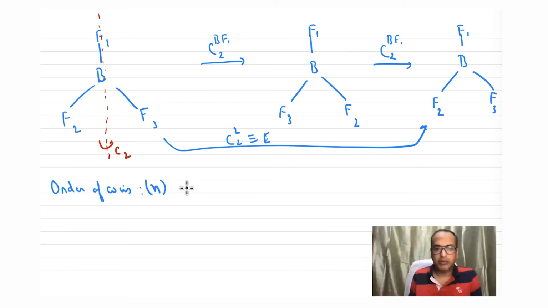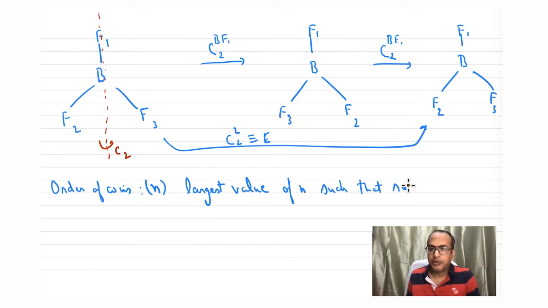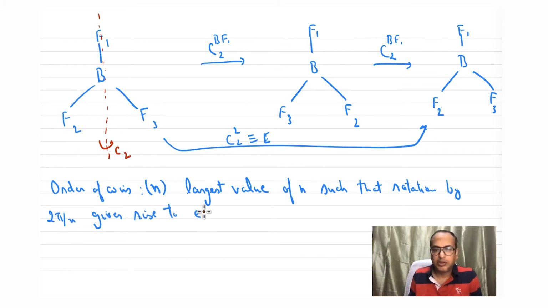N. So it's defined by N. So it's the largest rotation. So we can say the largest value of N such that rotation by 2 pi by N gives rise to an equivalent configuration, right?